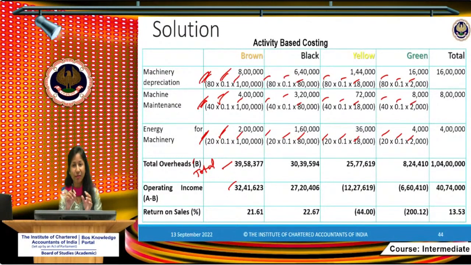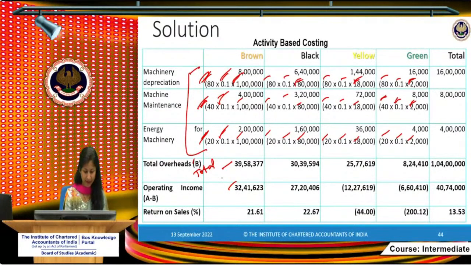So obviously for calculating the total expenses, we need to multiply this by total units for different products. So we have multiplied all these figures by their number of units, and then we have found out all the expenses. Then the total overhead, then the operating income. Then we have calculated the return on sales.